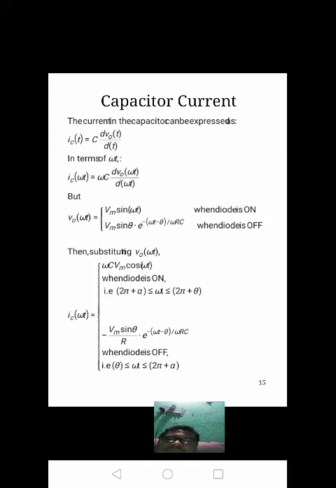It is minus Vm by R into sin theta into e to the power minus (omega t minus theta) divided by omega RC when the diode is off, that is, omega t between theta and 2 pi plus alpha, theta less than or equal to omega t less than or equal to 2 pi plus alpha.